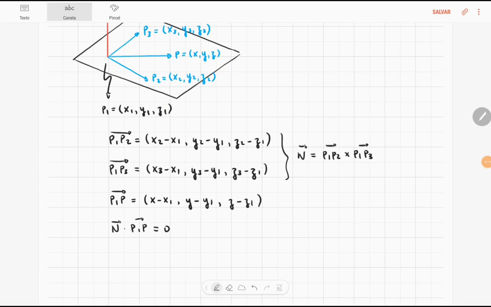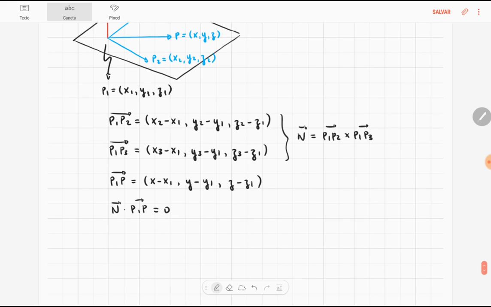So once we perform this dot product, we are going to find the equation of the plane, that is ax + by + cz + d = 0, and a, b, and c are the coordinates of vector n.